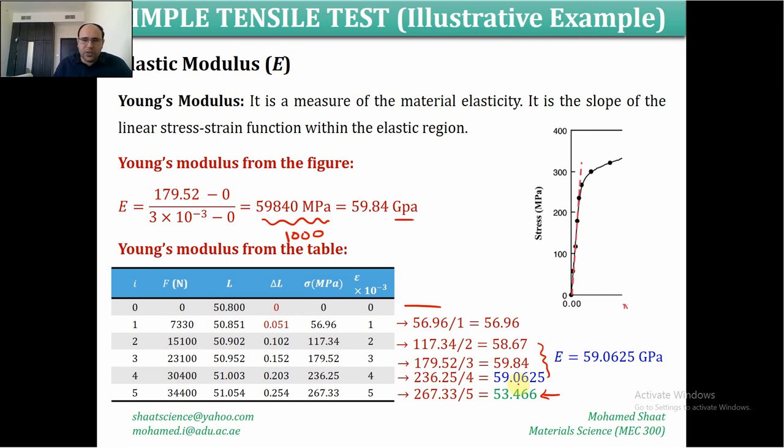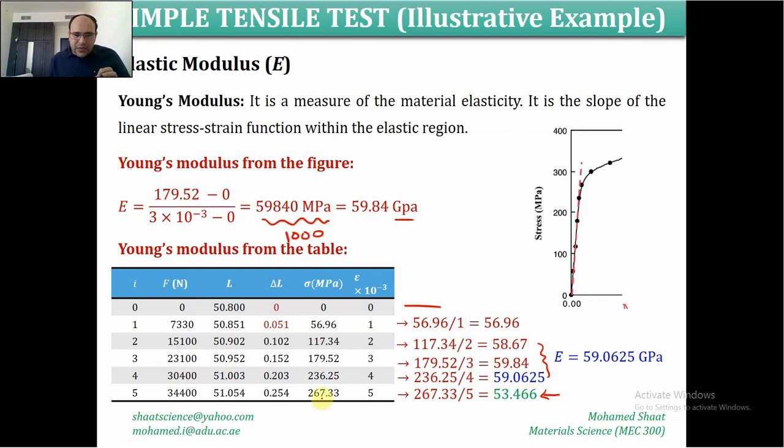As you can see, the difference between 58.76 or 67 or 59.84 or 59.0625, there is not that much difference between these three values to consider that we have finished the elastic region. It means that all of these instants of time, or all of these points, are still located within the elastic region.